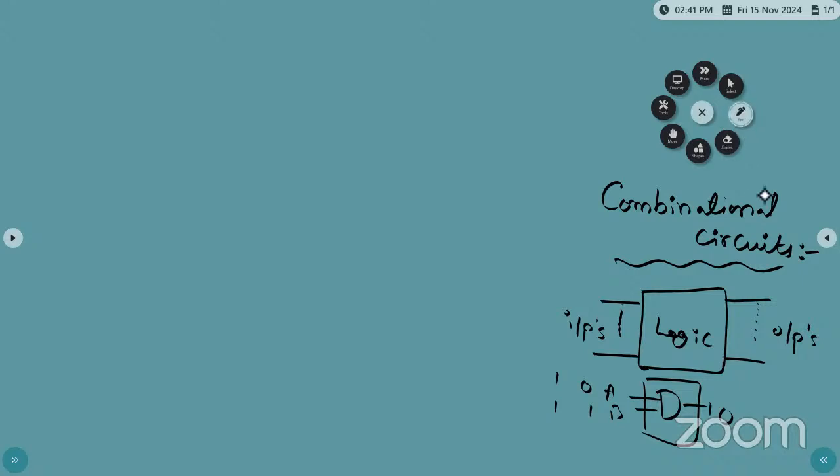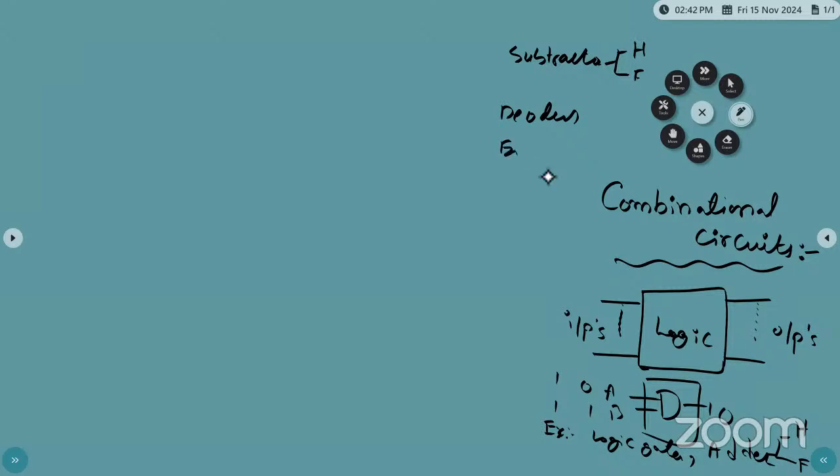Examples are logic gates and adder circuits, in which there are the half adder circuit and full adder circuit, and subtractors, then half subtractor and full subtractor, then decoders and encoders, and multiplexer, which can be abbreviated as MUX. These all are combinational circuits.